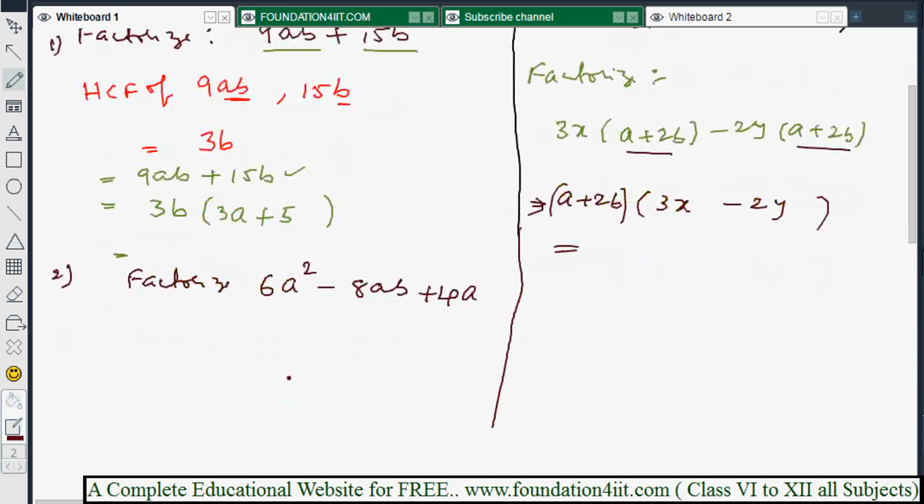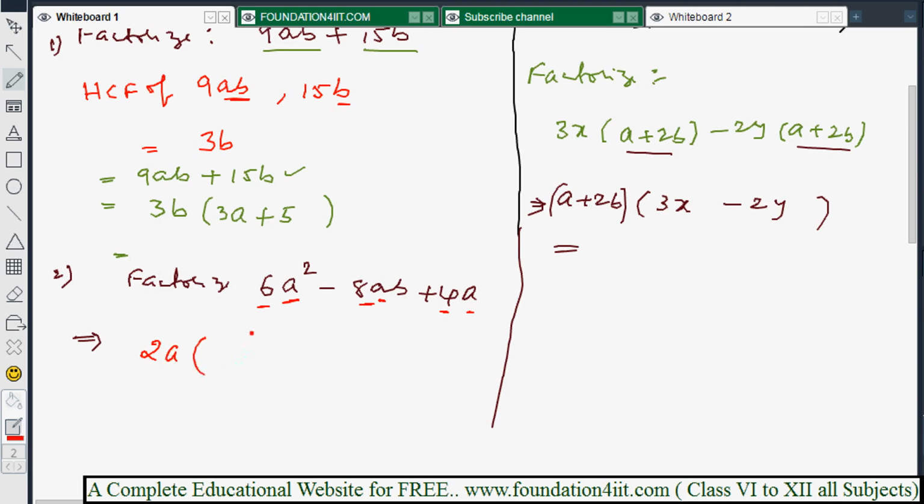If you take the numerical coefficients 6, 8 and 4, the HCF is 2, because 2 is the highest common factor. Next, a square, ab and a: in all three terms, a is there. So 2a is the HCF.